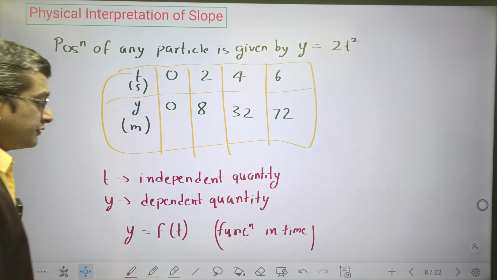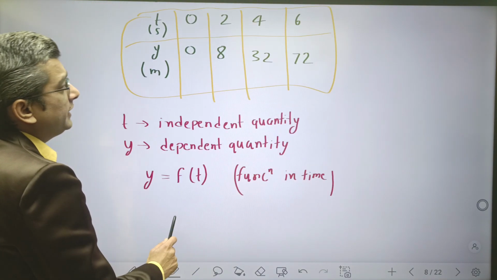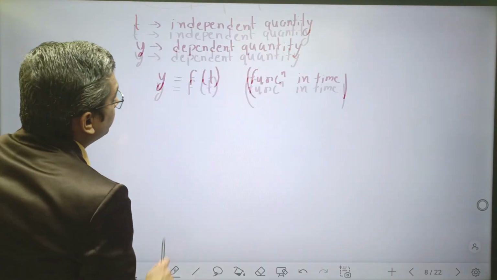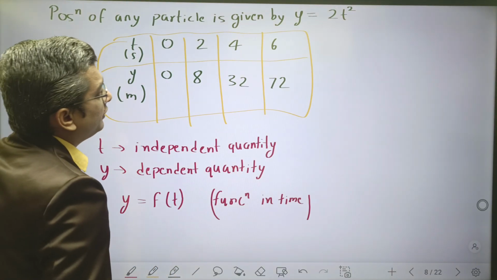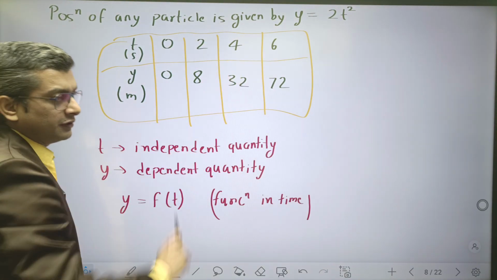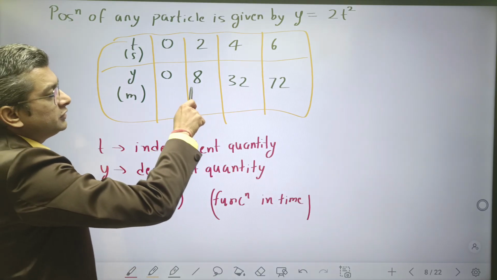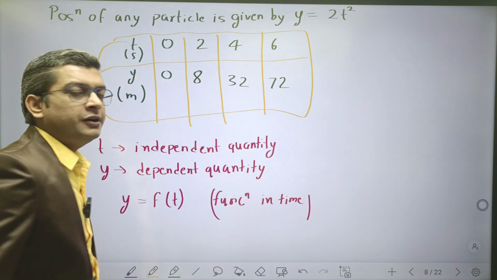If you observe carefully, when time changes from 2 seconds to 4 seconds, the position of the particle changes from 8 meter to 32 meter.